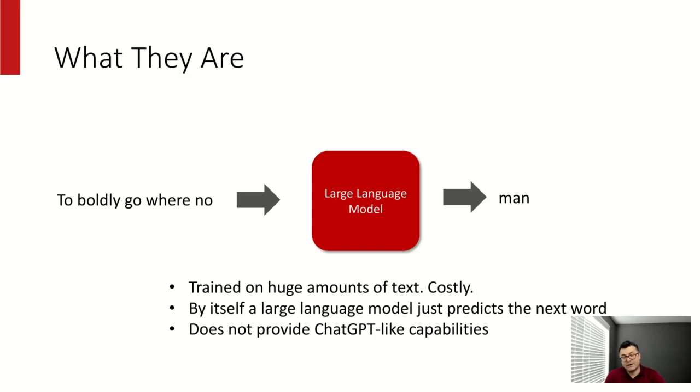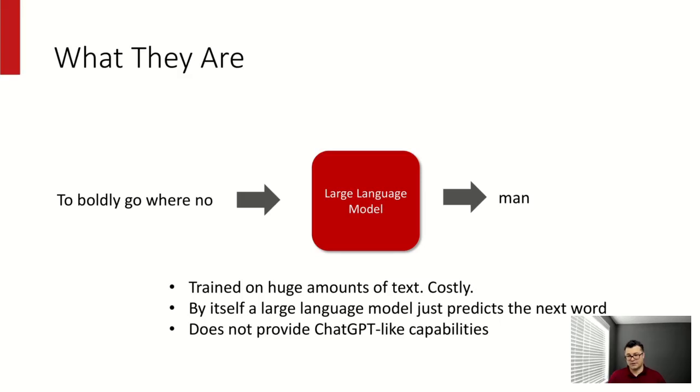Now there's a lot of talk about large language models, and you'll maybe hear the term foundational models. People tend to associate that mostly with ChatGPT because that's what they've tried. And I'm talking about folks that are not in the field. So what exactly are large language models? A large language model is basically a model that will take a sequence of words, a sentence, and predict the next word in that sentence.